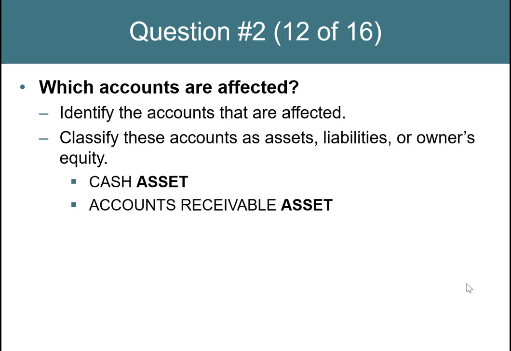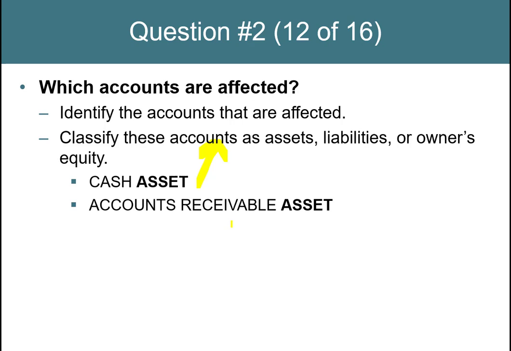So what are the accounts involved here? The first one will be assets. Our asset will certainly increase because we receive a payment of $570 from our client. The second account will be accounts receivable.